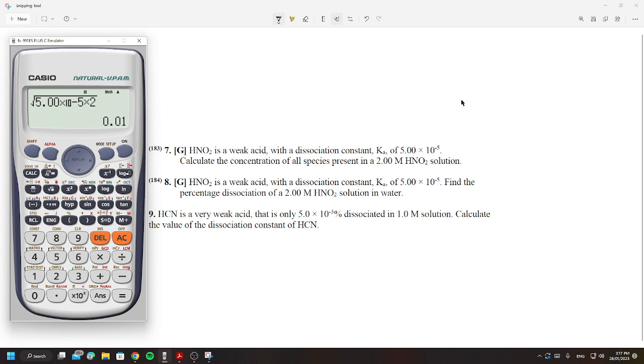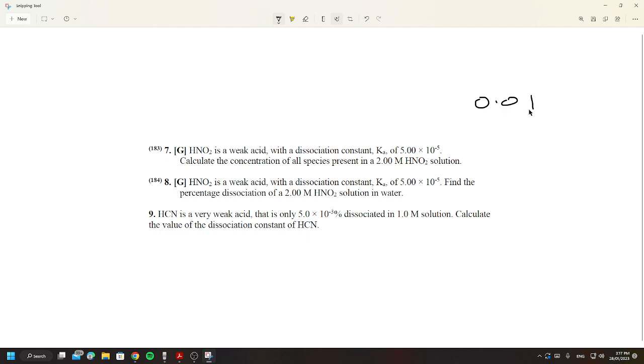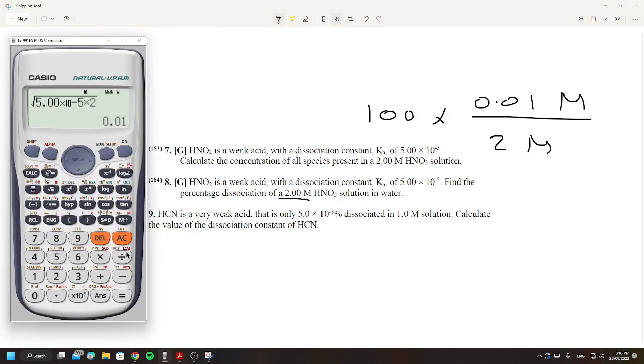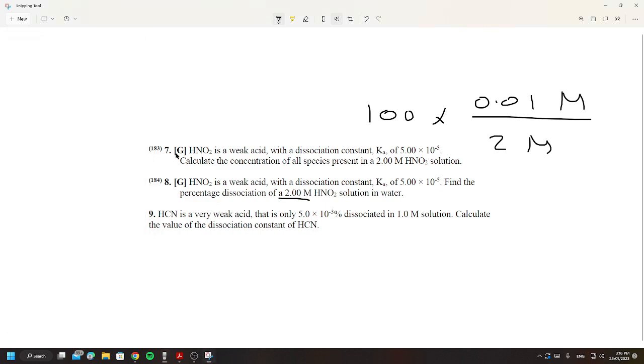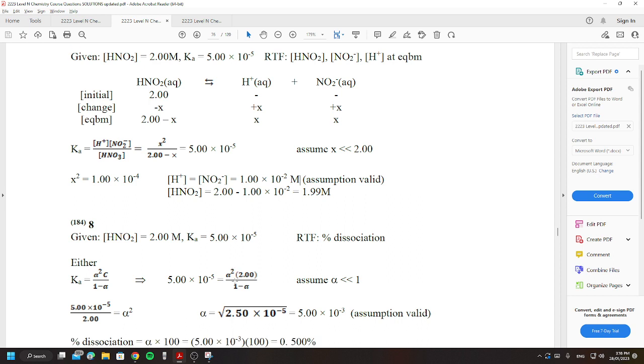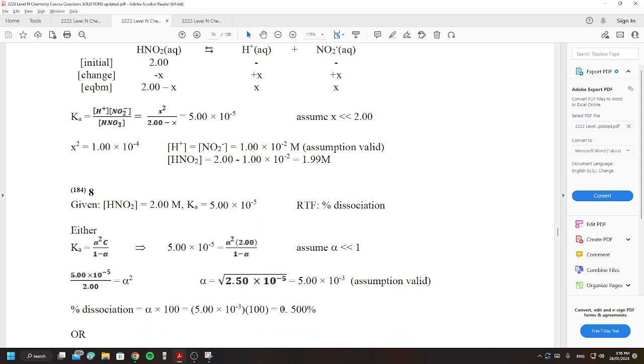So the amount dissociated is 0.01 molar, versus the total concentration, which is 2 molar, times 100 because percent, right? So 0.01 divided by 2.0 times 100, 0.5%.